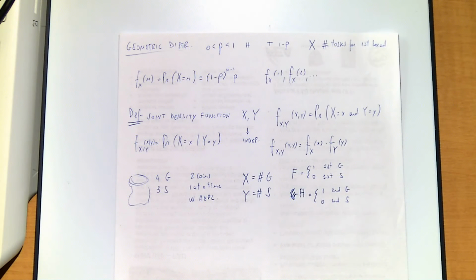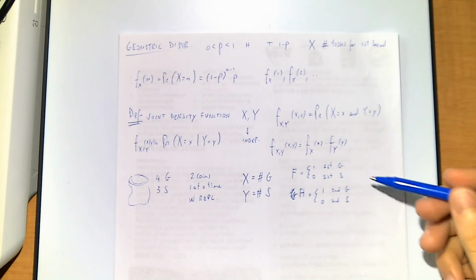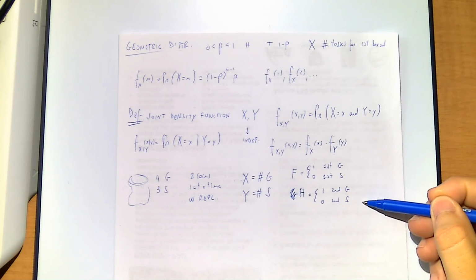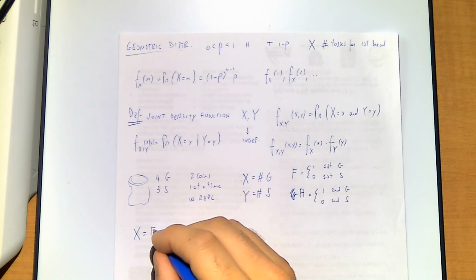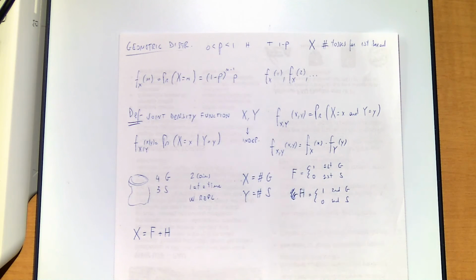Now with these 2 random variables f and h, we can define x and y. Because we're just drawing twice, we have a random variable for the first draw and a random variable for the second one. So clearly x is equal to f plus h, because x is the number of gold coins drawn.